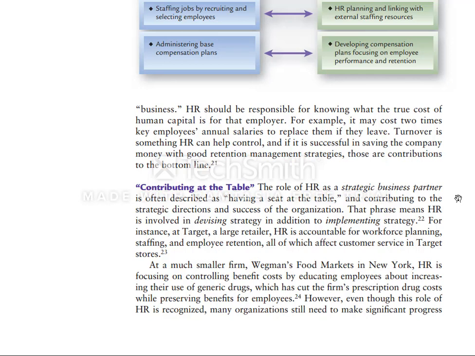So in order to contribute to the organizations, the HR needs to be more strategic, and it needs to come up with new plans and suggest ways by which the organization can become more efficient and more effective.